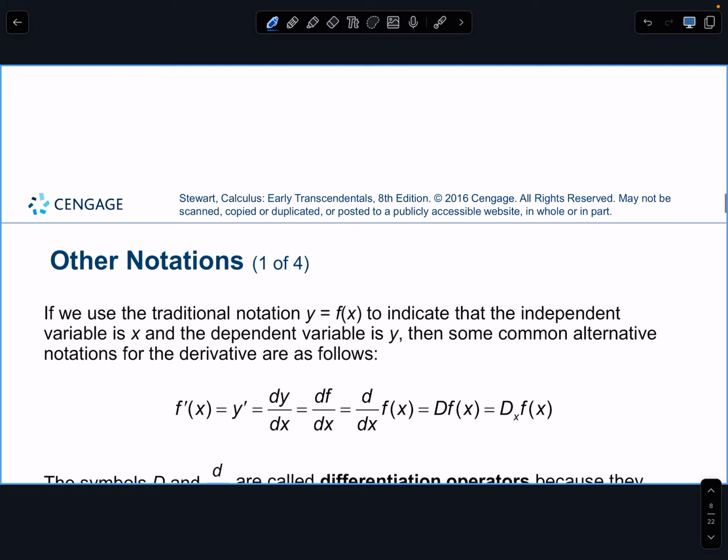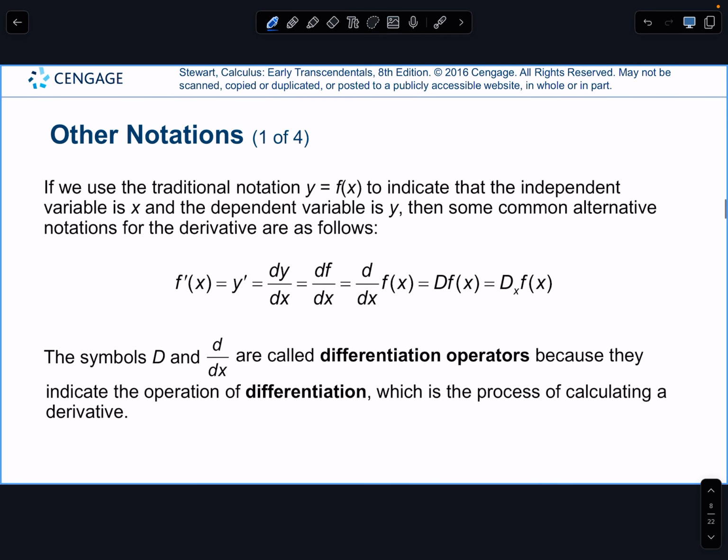Now, you're going to see me use, for the most part, this notation, which, as we talked about, is f prime of x or y prime. But there are other notations, and this d over dx is called the differentiation operator, and it is just as valid as the other notation.